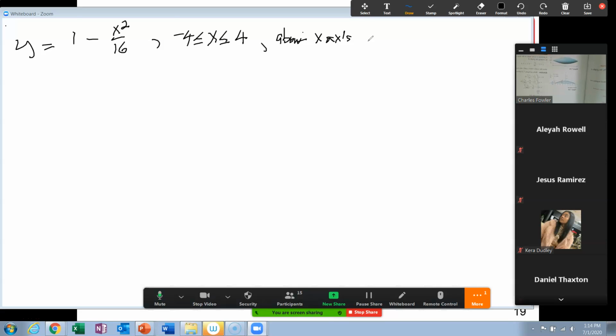Notice that it's symmetric about the y-axis. So to find the volume, all we have to do is take the volume between 0 and 4 and double it. Now, do I need to draw that? It probably would be helpful.